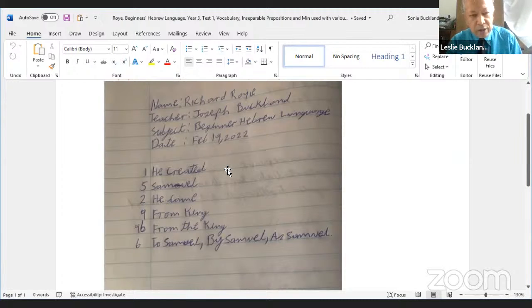Now, I understand why this was given, because kara almost looks like bara. There's only one difference. The kof in the Q-A-R-A kara is different from the bet in the B-A-R-A, but other than that, it looks the same.